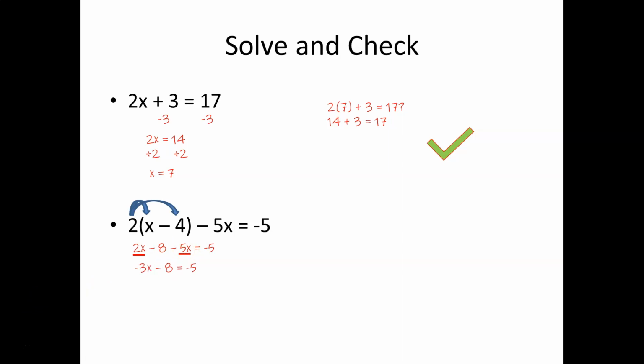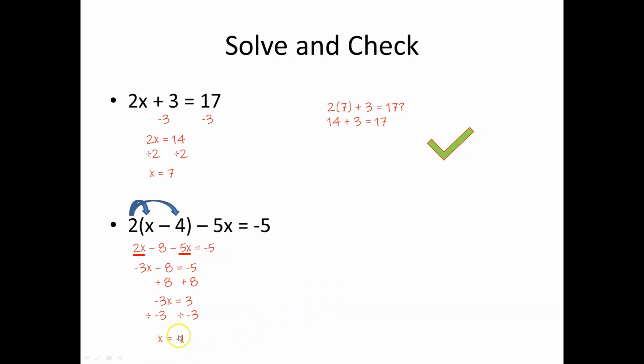And now we're left with something that looks very similar to this. We go farthest away from the x, and we do the opposite operation. So minus 8, plus 8. And that leaves us with negative 3 times x. We want to undo the multiplication, so we divide. So because we're looking at this one, that's why it's negative 3. We end up with x equals negative 1.